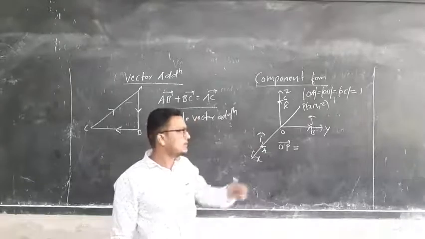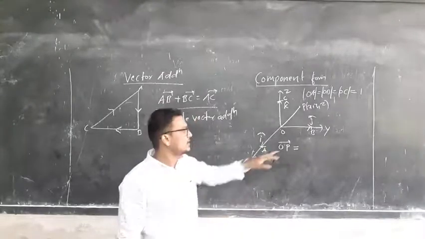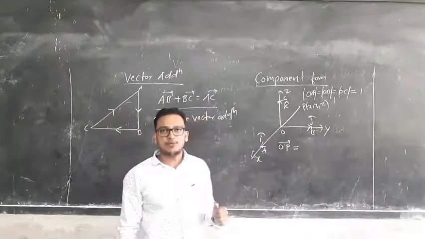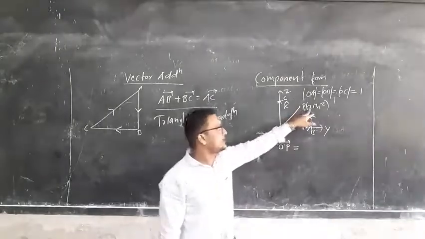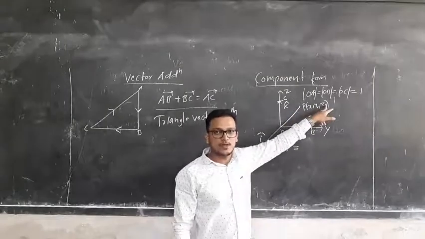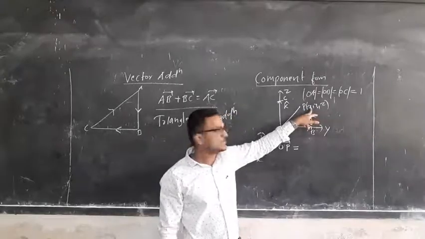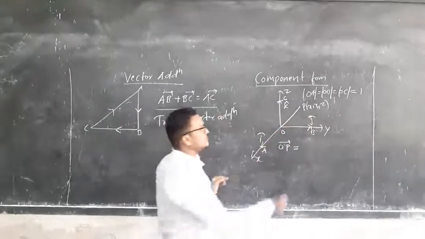This position vector of the point P, that vector OP, can be written in component form. How? See, the coordinates of the point P are x, y and z.